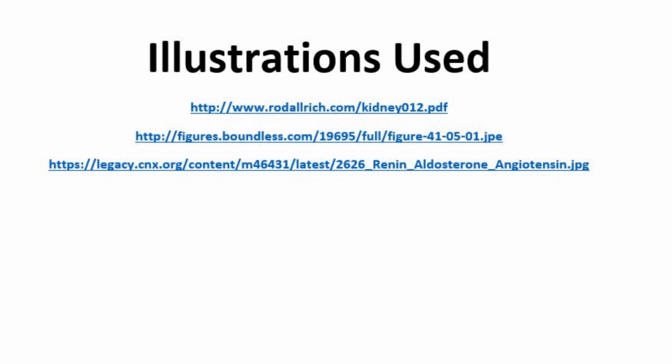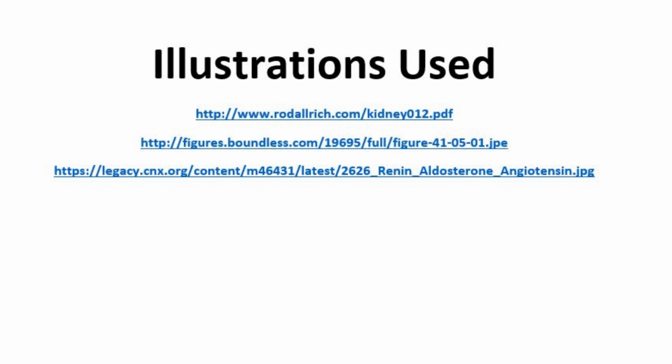Well, then finally, I want to show you the citations of the illustrations that I used, and the first one is mine, so you could go and print off that diagram that showed a lot of what the kidney was doing. You know, it didn't say the kidney makes urine, but you know it does. And then that diagram of mine showed different actions of different hormones on the kidney and what the kidney made.